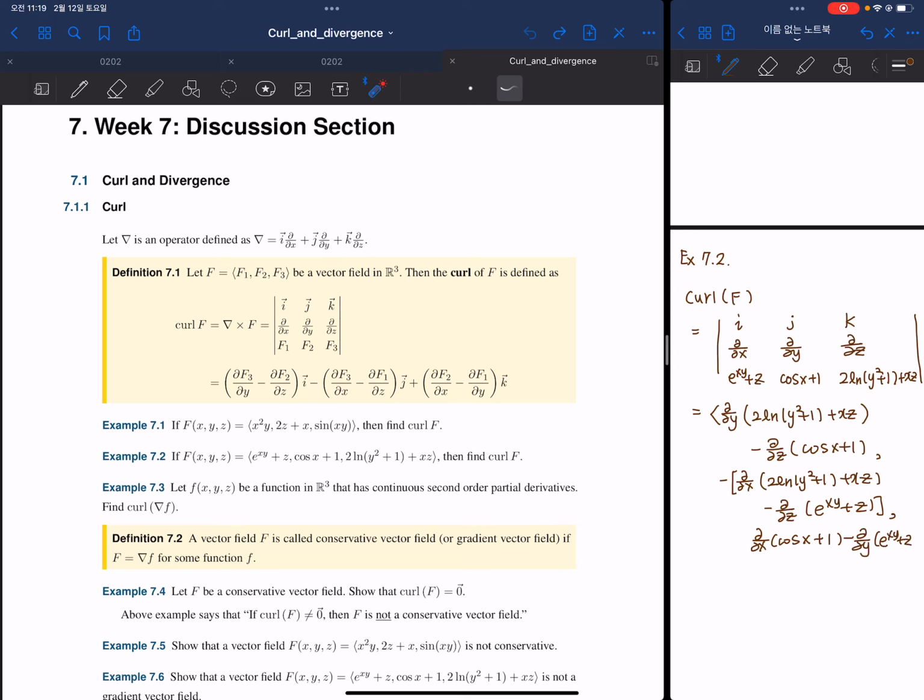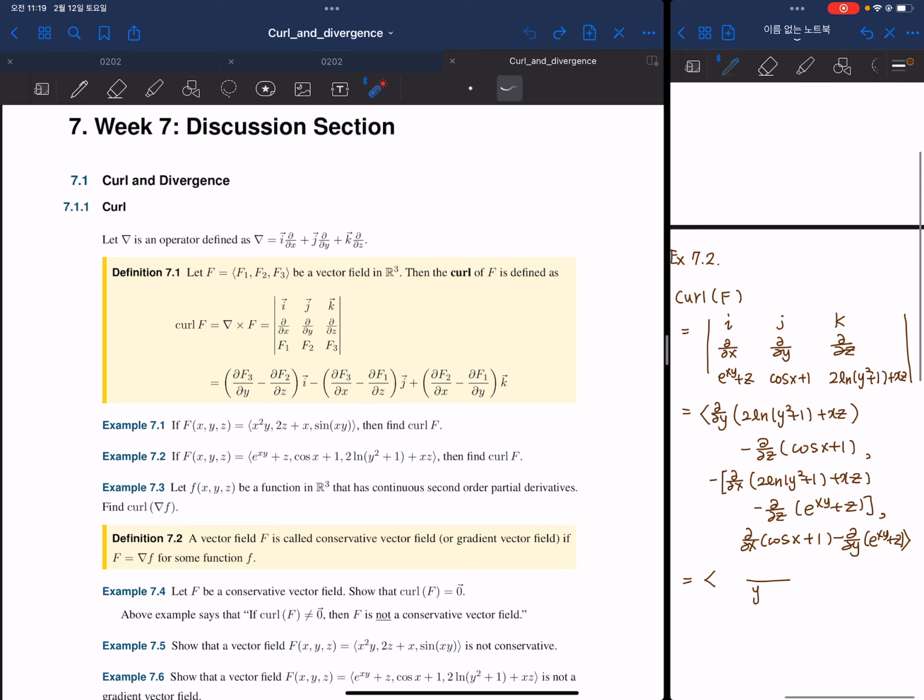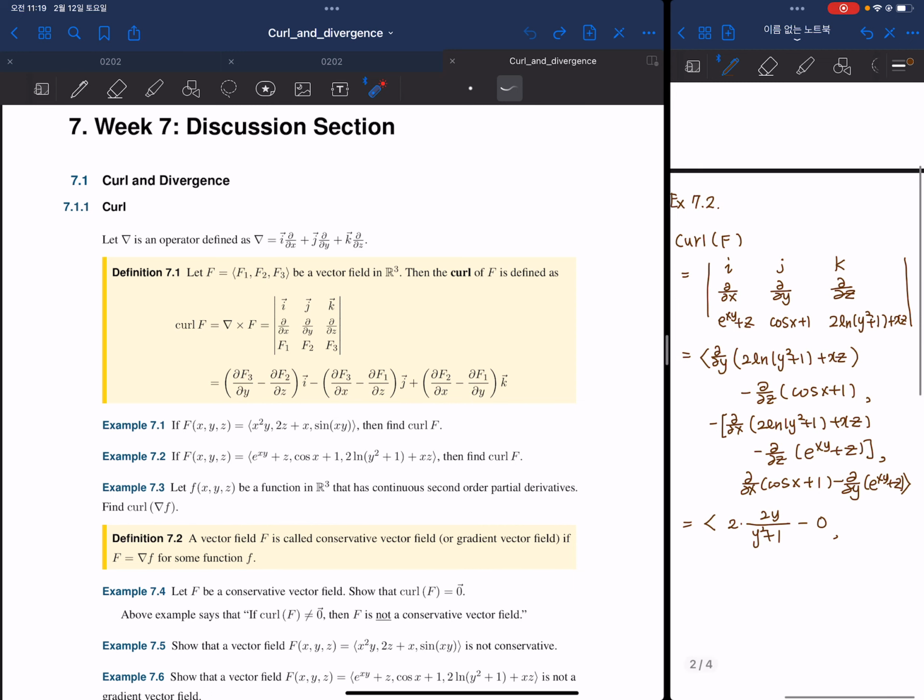Okay, so if you take a derivative, then the first coordinate should be y squared plus 1 and then 2y, and we had 2 here, and then yes, minus just a 0, and then the second coordinate is, let me see, so you have z minus 1.